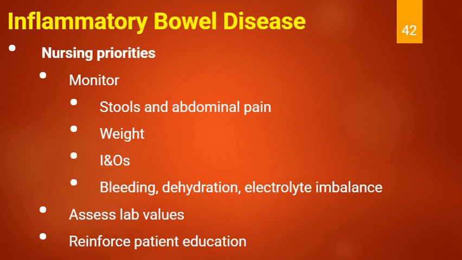Many patients tolerate small, frequent meals better than large meals, and temporary dietary modifications may be needed during flares. Teaching should emphasize medication adherence, maintaining hydration, recognizing worsening symptoms, and the importance of ongoing follow-up care. Emotional support is also important because inflammatory bowel disease can significantly affect quality of life, work, school, and social activities.